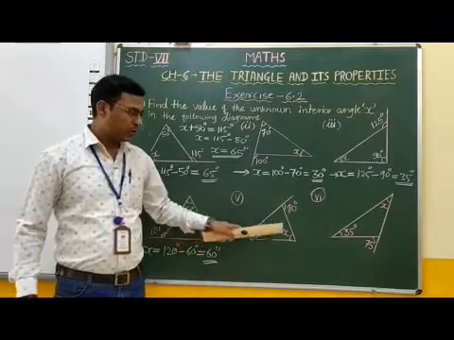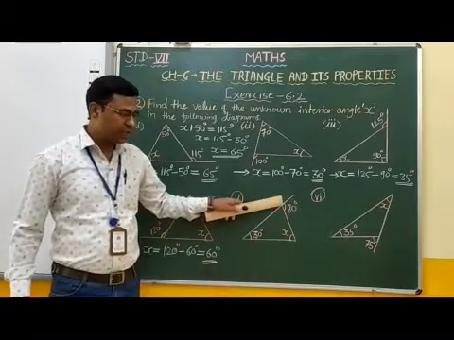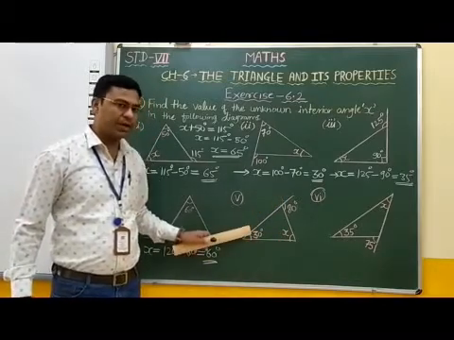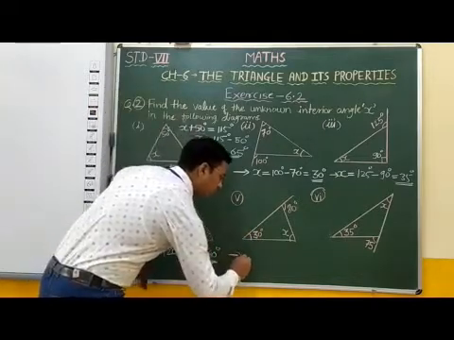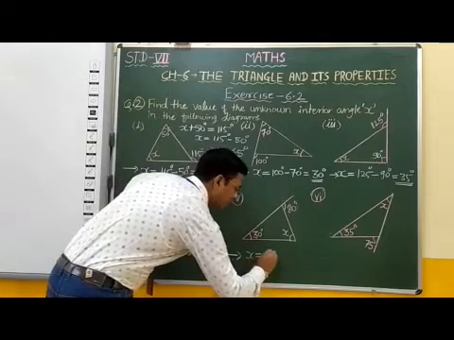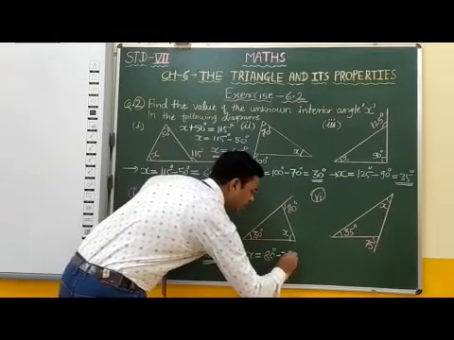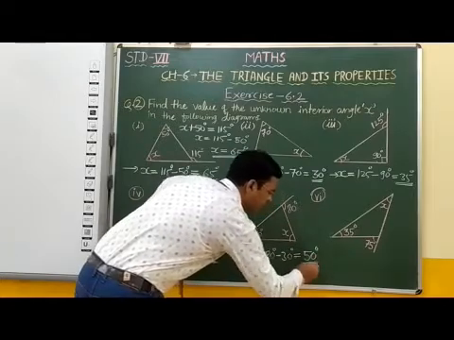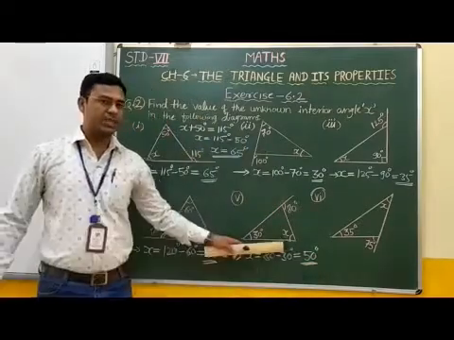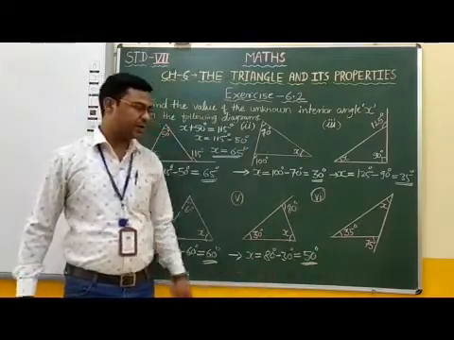Therefore, x is equal to the exterior angle minus the given interior opposite angle. Therefore, x is equal to 80 degree minus 30 degree, which is equal to 50 degree. Therefore, the measure of this angle x is equal to 50 degree.